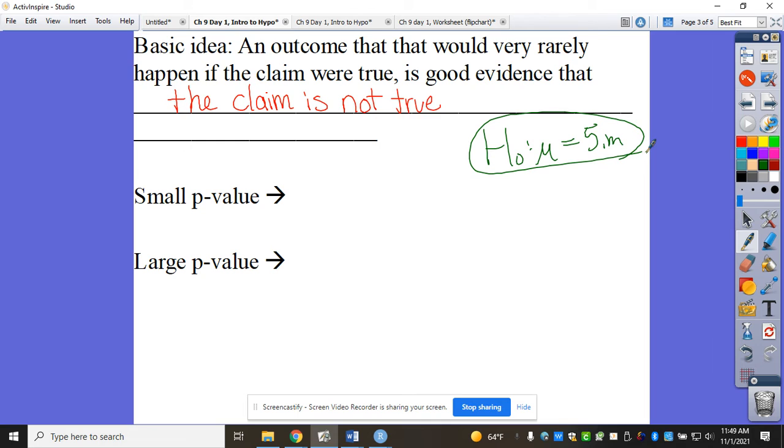If there were a 1% chance that he were going to run that slow, if this were the truth, does that mean he's telling the truth? If it's only going to happen 1% of the time, it doesn't seem very likely. So when we made our graph, if 5 minutes were here, and he ran something so slow that it were way over here, that shaded area is very small. So if that shaded area is very small, the likelihood of that happening is very small.